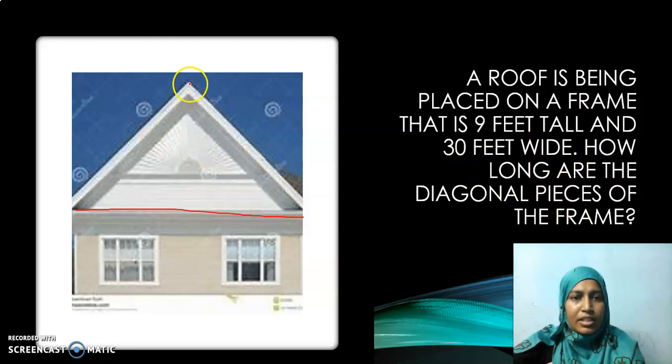This height is 9 feet tall and this fully is 30 feet wide. So, the half of this is 15 feet wide and they are asking us how long the diagonal pieces are. How long is it?